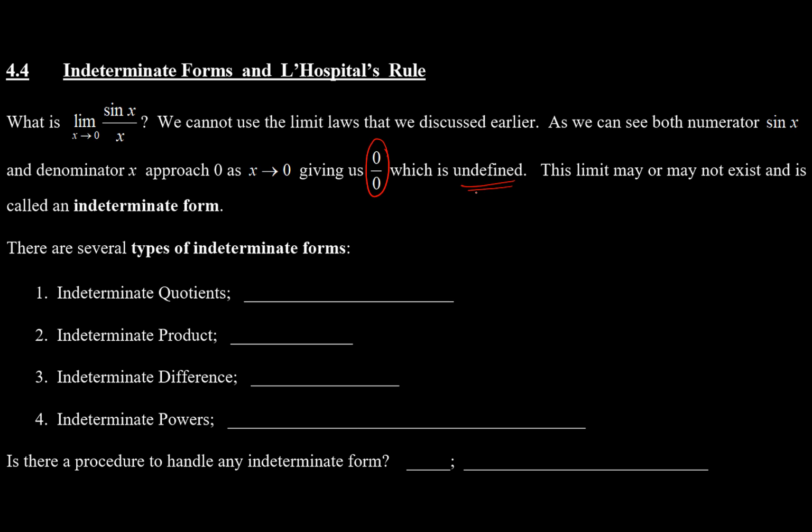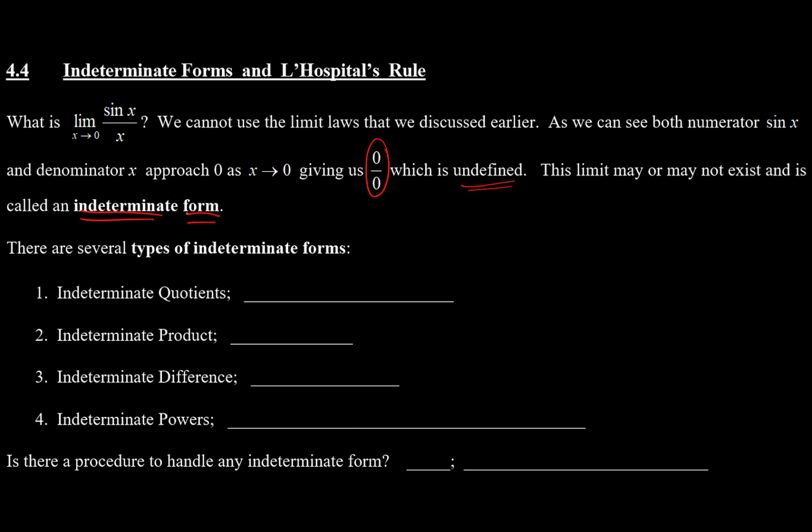This limit may or may not exist and is called an indeterminate form. I don't know if you remember when we played with these earlier, but we used tables to determine what that limit was.